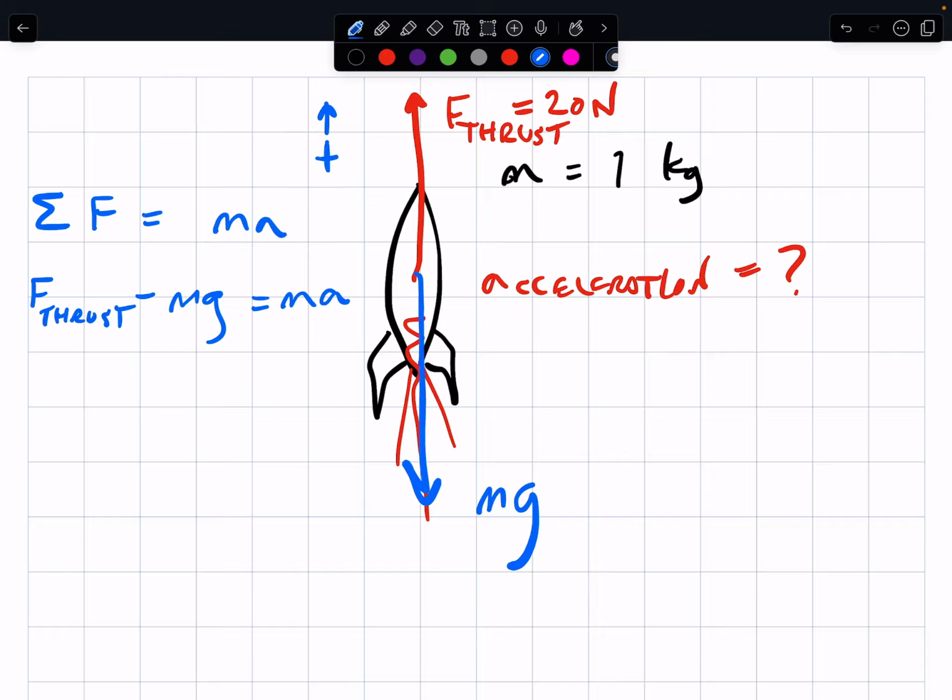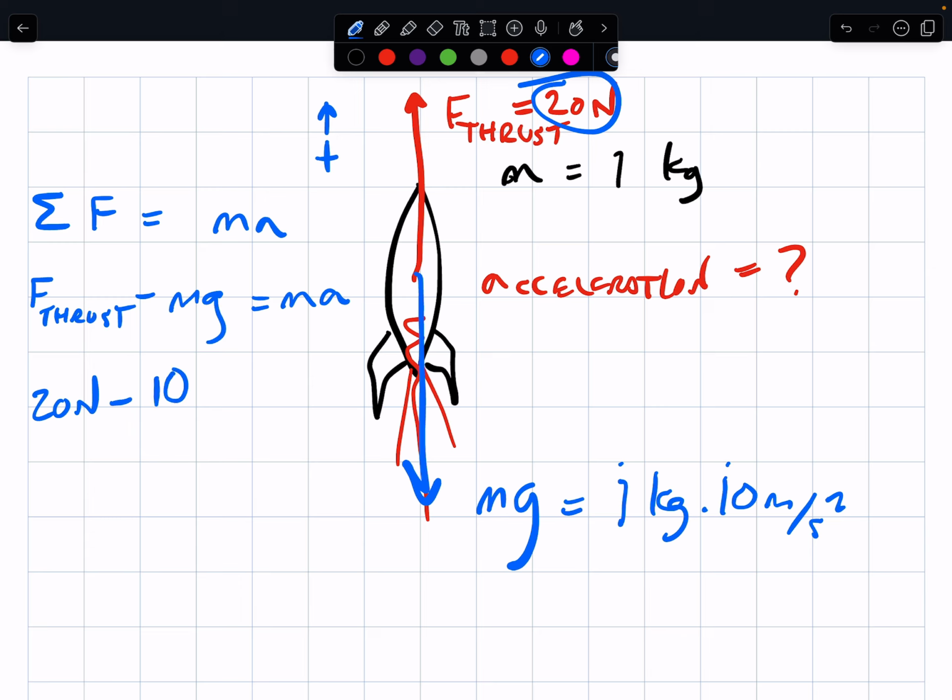And now I can put in some numbers. So the thrust force is 20 newtons. That's this number. Minus the weight of the rocket, which is its mass times gravity. So 1 kilogram, and the value of little g is about 10 meters per second squared. 1 times 10 is 10, and it's newtons. So 20 newtons minus 10 newtons is equal to the mass of this rocket, which is 1 kg, times a.